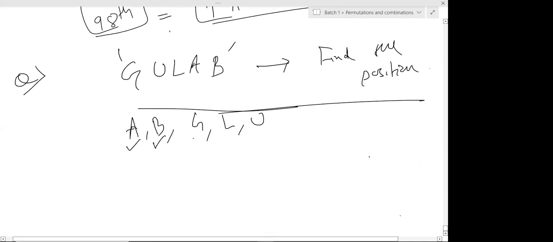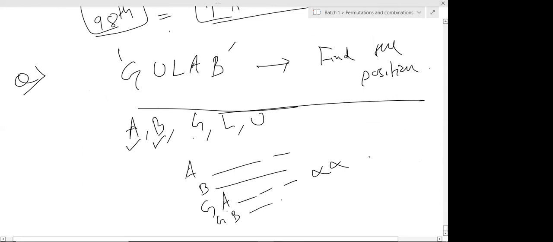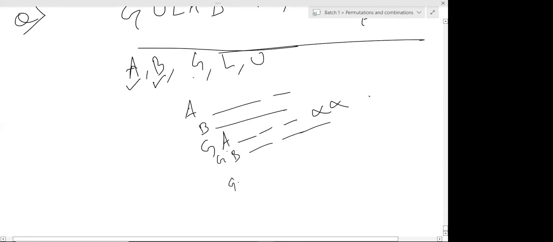L. After G, the first letter that will come is A, and we don't want the letter from A, right? So these three, no matter what the arrangement is, we will not be counting. After that, GB will come. We don't want that.